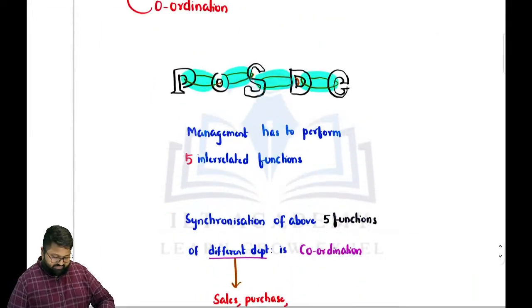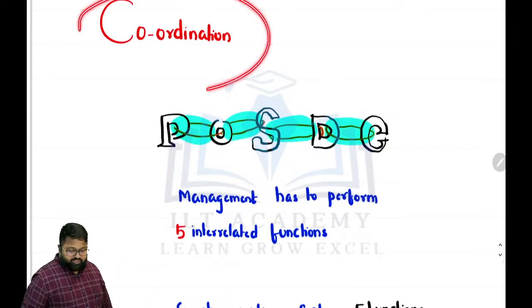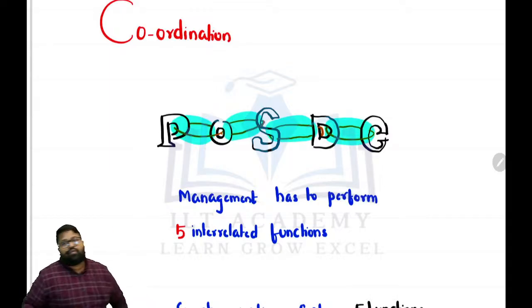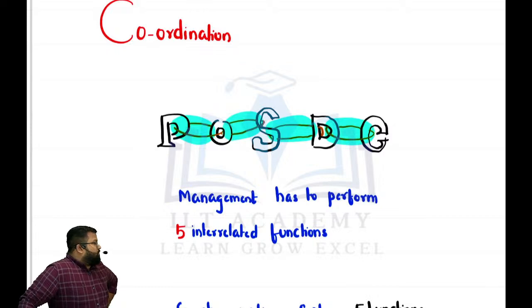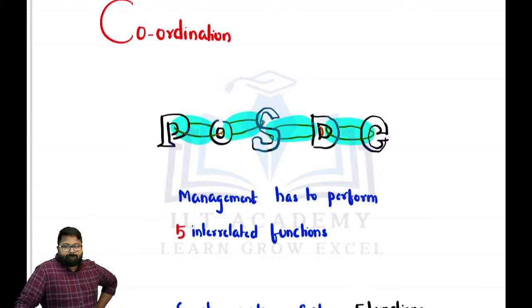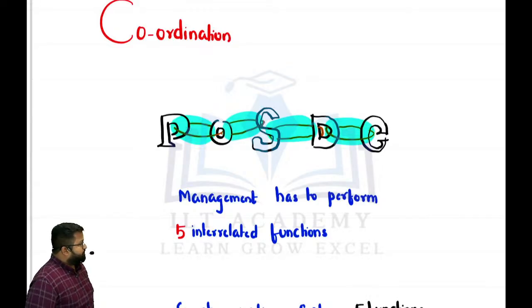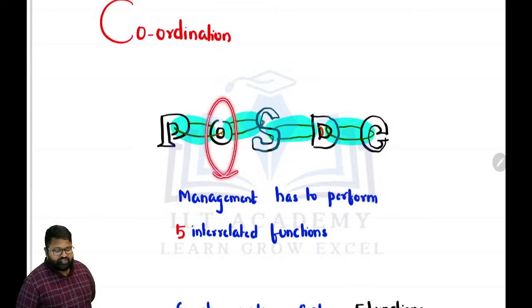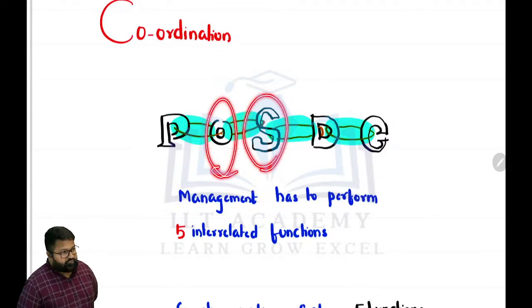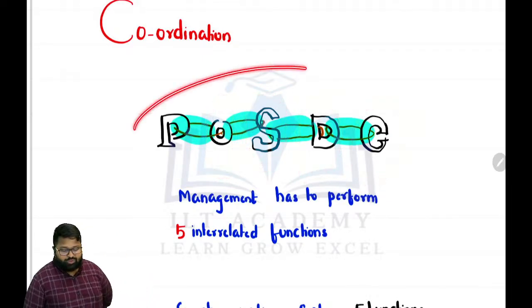If done, then what is the next one? So take down the heading, ma. Coordination. So P stands for planning, O stands for organizing, S stands for staffing, D, C. So they should be properly connected.